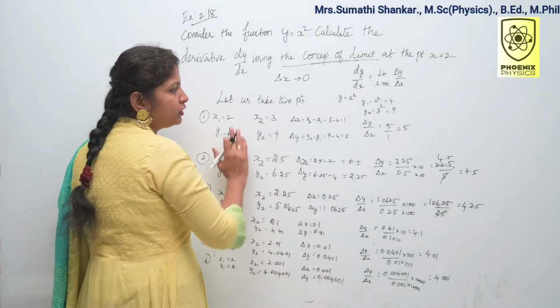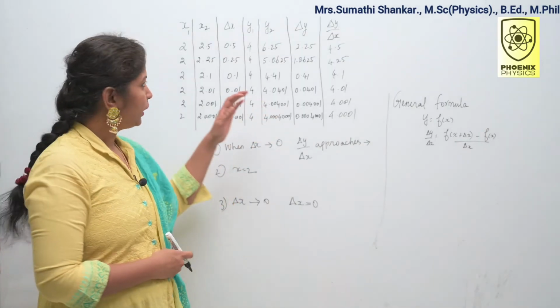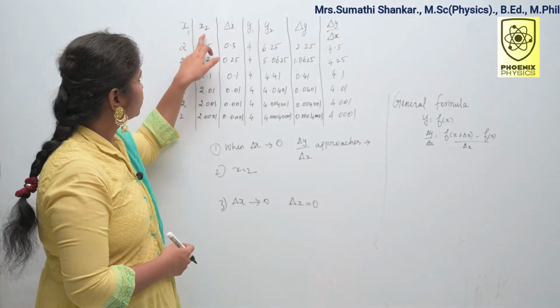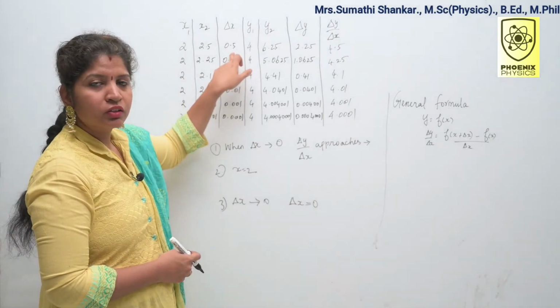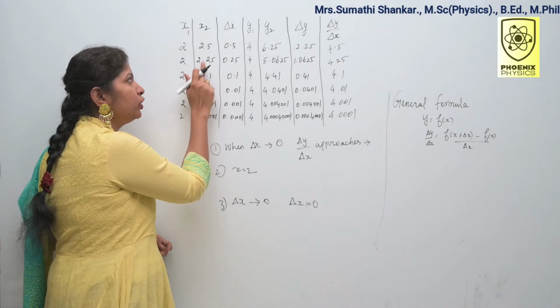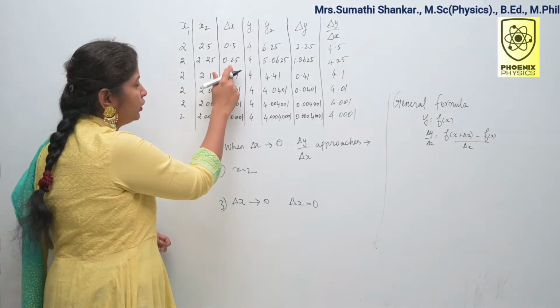0.001. Just tabulate all the values in a tabular column. I tabulated all the values. x1 is equal to 2 and x2 is equal to 2.5 means your delta x is 0.5. x1 is equal to 2 and x2 is 2.25 means your delta x value is 0.25.